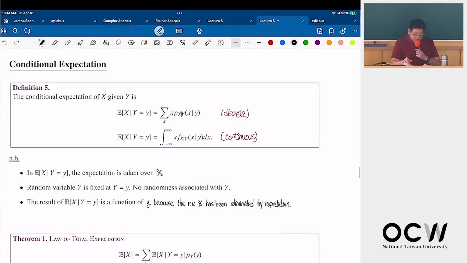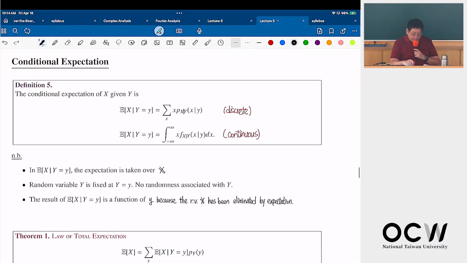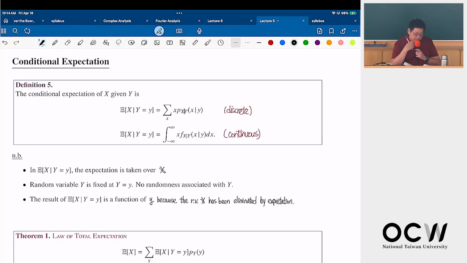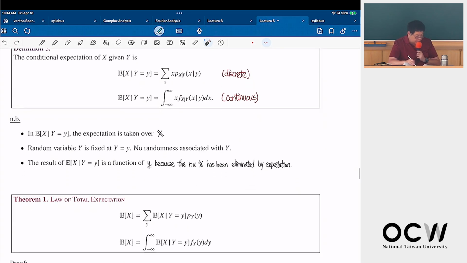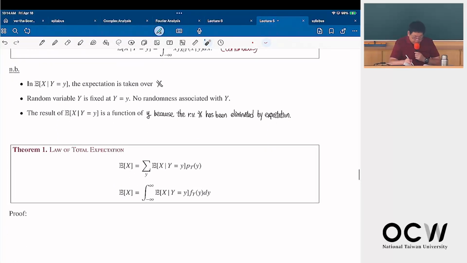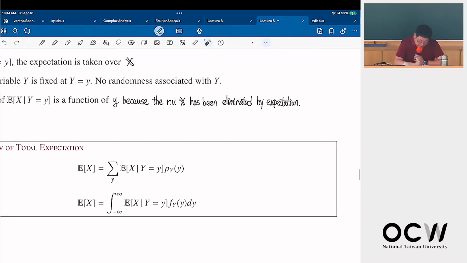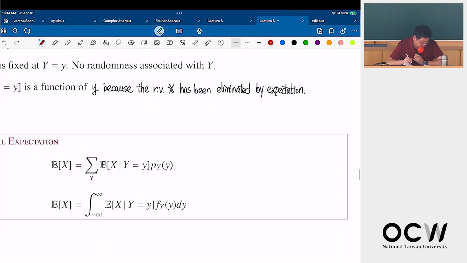So here we have the law of total expectation. This is the conditional expectation of x given y fixed. And how about the expectation of x? Here we also have a discrete case and a continuous case for the law of total expectation.